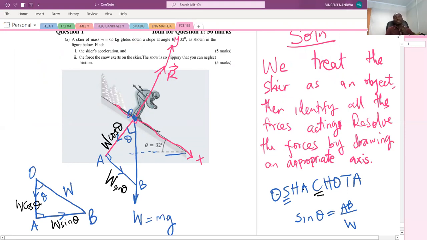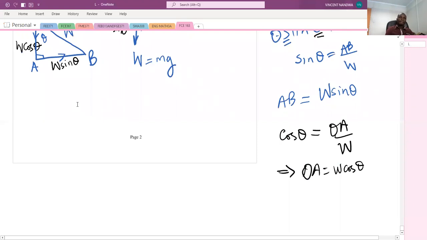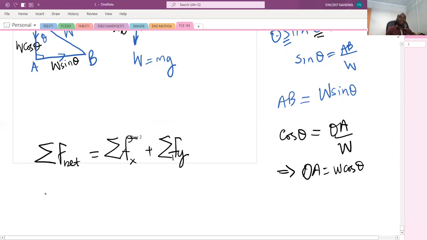Now we resolve forces in the Y direction and in the X direction. By definition, the net force is given by the forces in the X direction plus the forces in the Y direction.